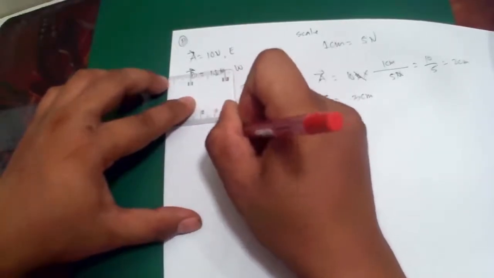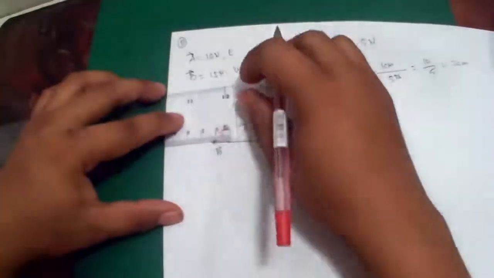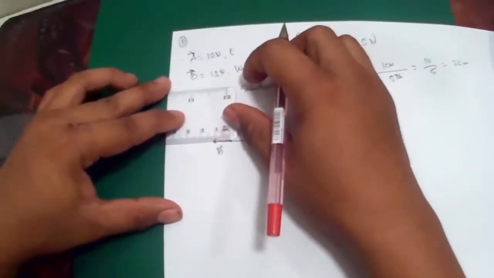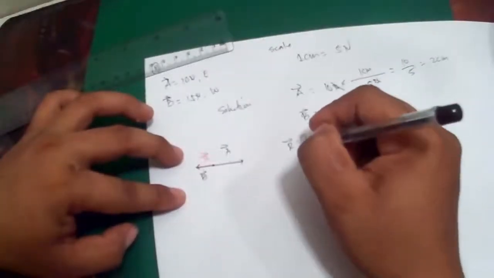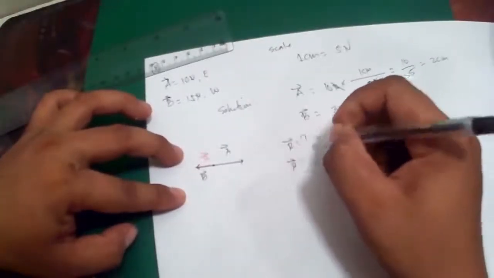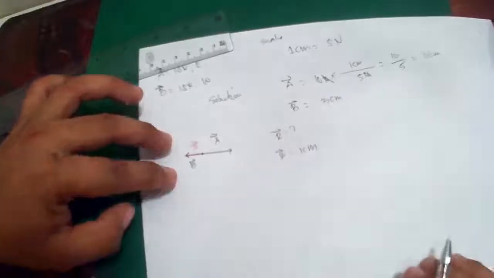This is now the resultant vector. Measuring that, the resultant vector here is 1 centimeter.